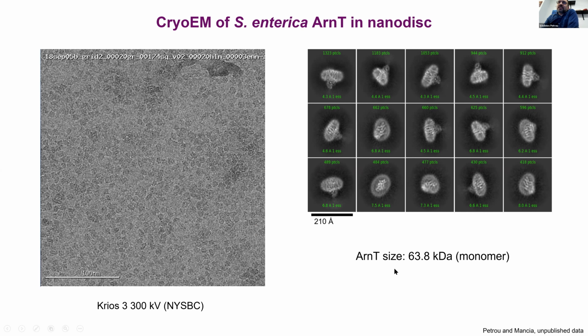Mind you, this is a 63 kilodalton molecule, and it's a monomer. So it's essentially quite close to what we consider the limit of size limitation of cryo-EM, at least a couple of years ago.